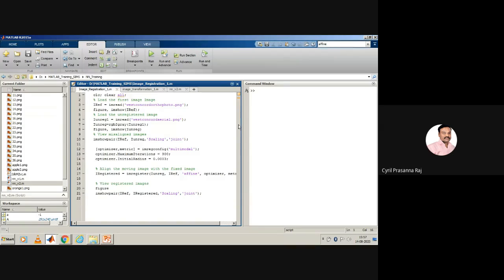Suppose that you are trying to take the image using your visible cameras. You'll be able to see all the visible data. Now the same image you are taking using thermal images. Thermal images capture the heat intensity available at that particular location.